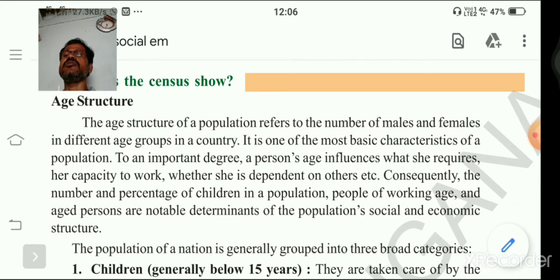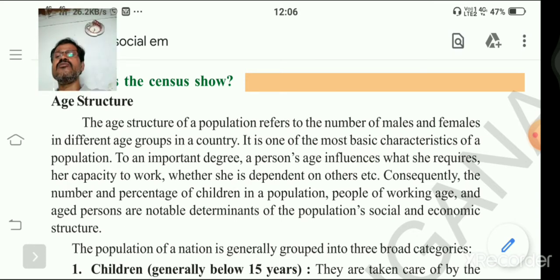Okay, how many children are there in the population, right? How many old age people are there in the population? What are their requirements and what are the requirements of the children? Like these, every piece of information is shown with the census. Okay, in that, age structure is the basic thing.